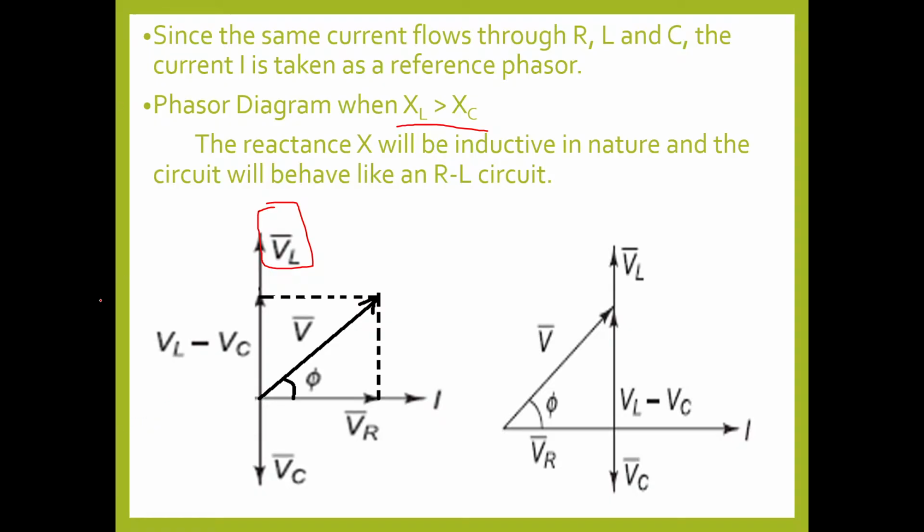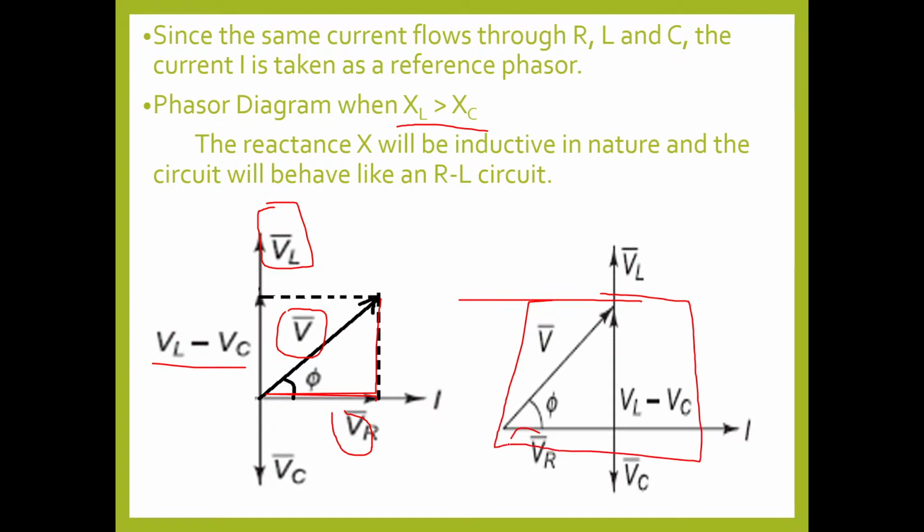In terms of voltage, it is VL minus VC. This is VR, and the vector sum is V. Shifting VL minus VC to the other side gives the voltage triangle: this is VR, this is VL minus VC, and this is V.